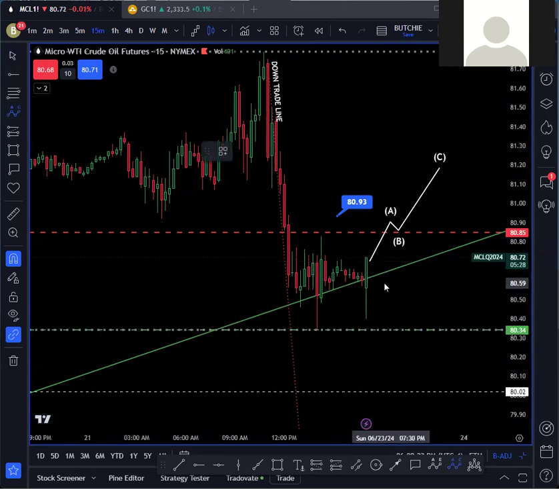And then the other would be if it does not turn here and does not break our counter trend line, okay, because we're looking at when this retraces down here, when this pulls down here, we're going to draw a trend line along it. And if it comes down and hits this area of support and breaks that trend line, and then comes up and then comes back to test it again, well, then we'd look to go long up to that pink line.